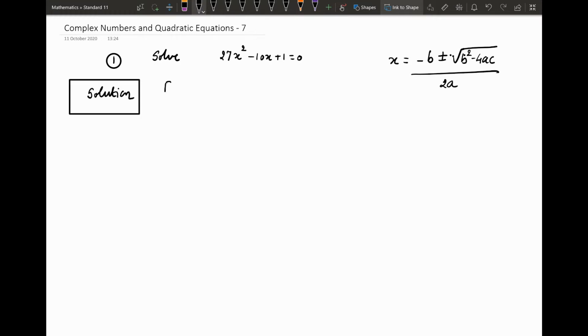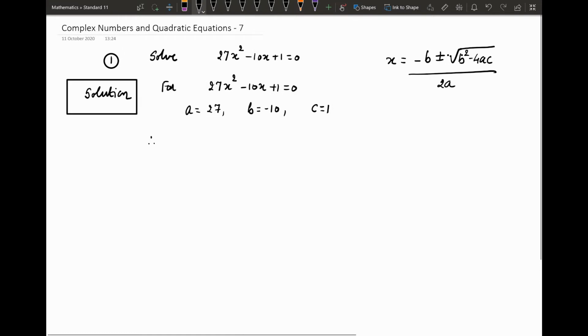So for 27x square minus 10x plus 1 equal to 0, a equal to 27, b equal to minus 10, and c equal to 1, comparing it with the standard quadratic polynomial ax square plus bx plus c equal to 0.